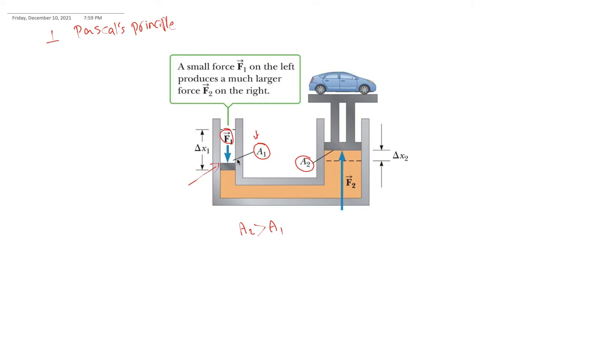When you do this, you are exerting a pressure on the side with the cross section A1, and the pressure you exert is the force you exert, F1, divided by A1. Pascal's principle states that there will be another force F2 exerted on the other side of this container.